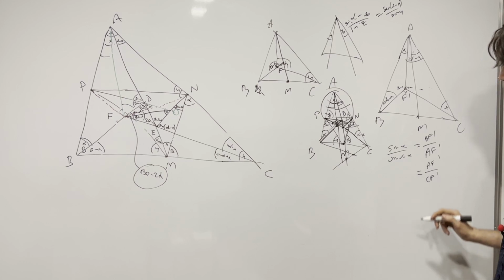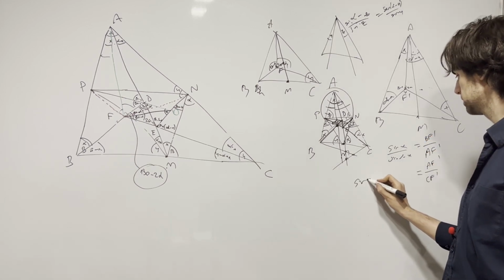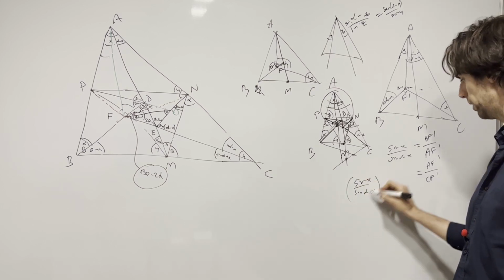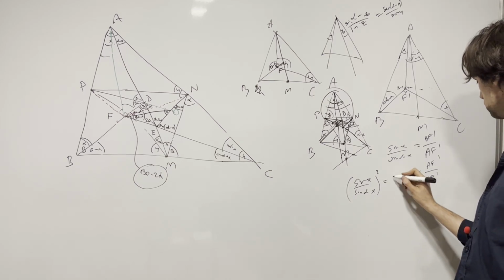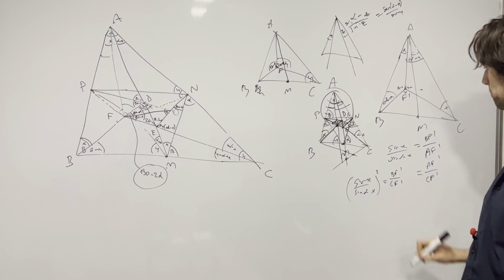And now, when I multiply them through, I'll get sine of x over sine of alpha minus x squared, when I have this twice, is going to equal BF prime over CF prime.